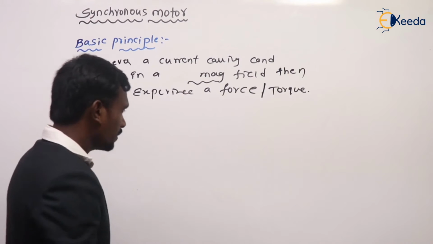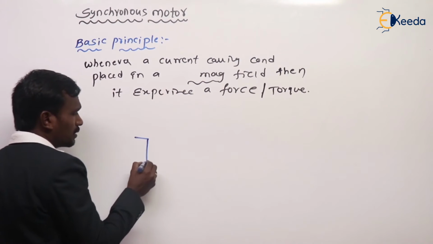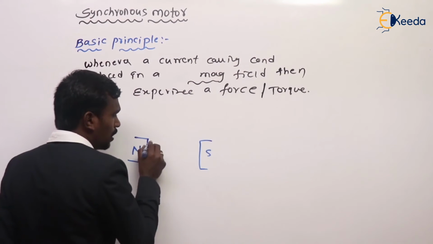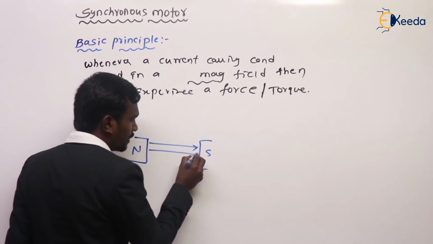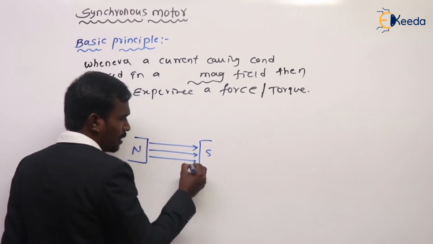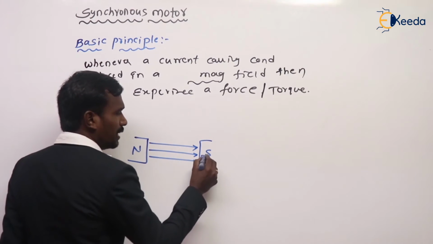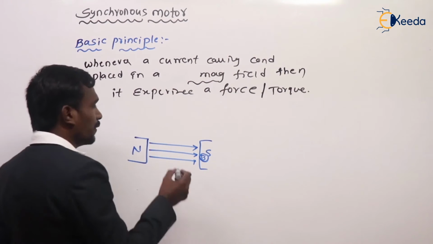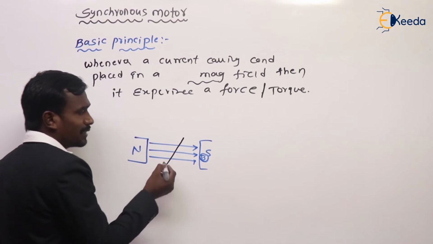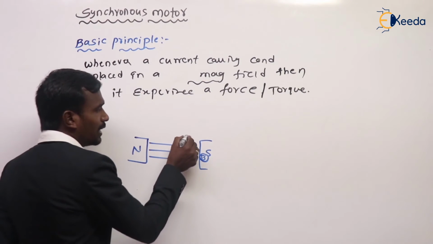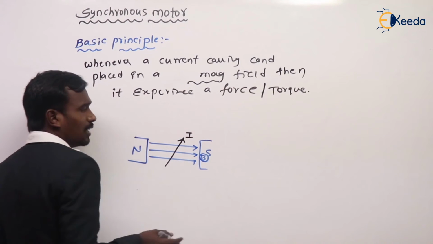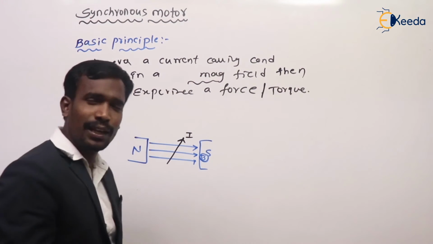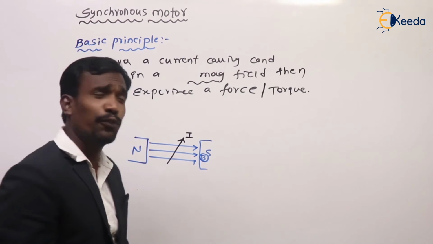See here, for example, this is my magnetic field with north pole and south pole, and the magnetic field is like this with some flux density B. In this magnetic field, I am placing a conductor carrying the current I. A current carrying conductor placed in a magnetic field experiences a force.